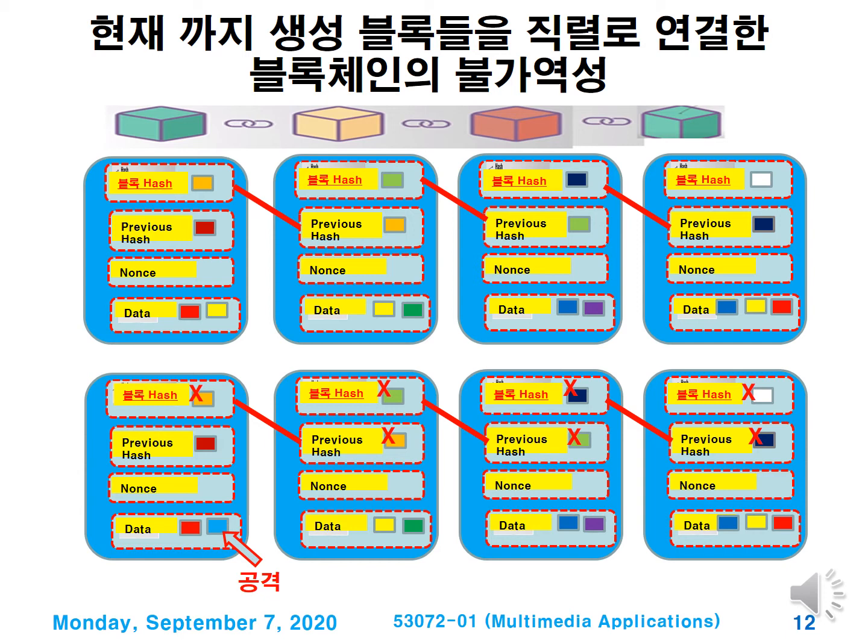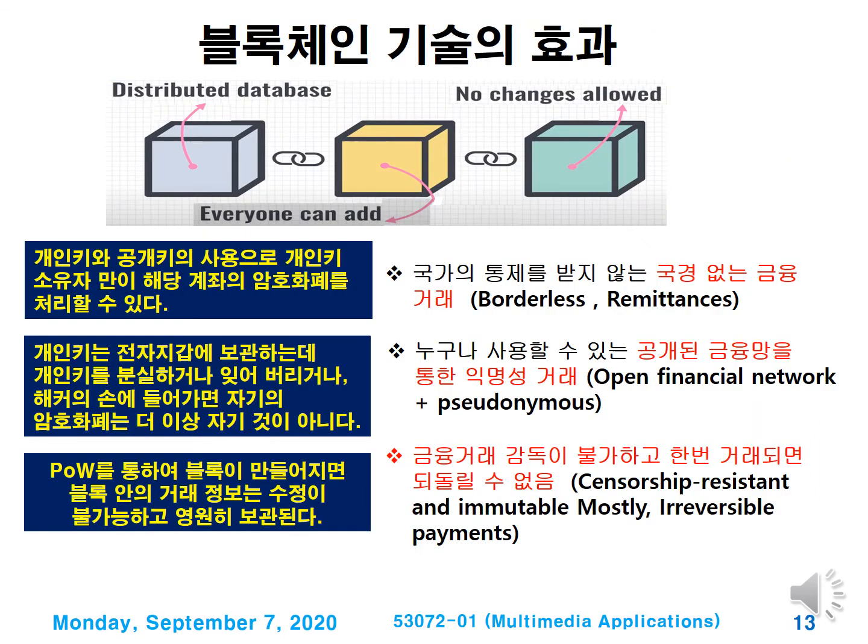So attack to blockchain is very difficult. Let's look at the features of blockchain. Blockchain is a distributed database. Every node, the mining node, can add a block.